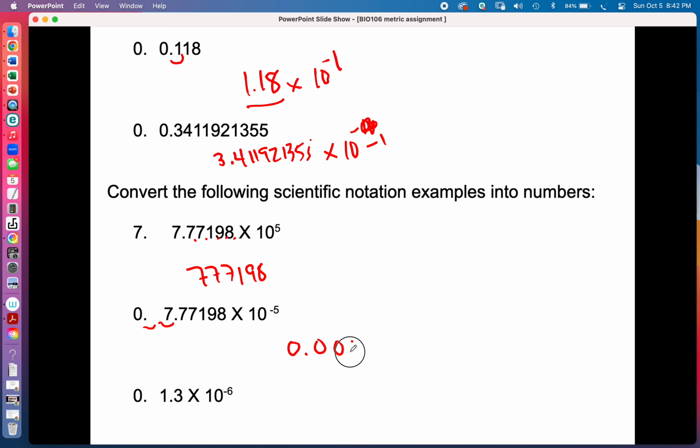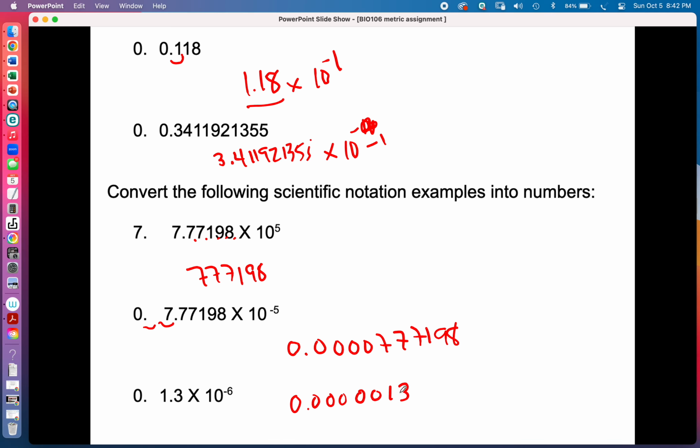So I think this is it, right? 7777198. 1, 2, 3, 4, 5. And then this one is going to be 0.0, and then we're going to move it over 6. So like that, and like that.